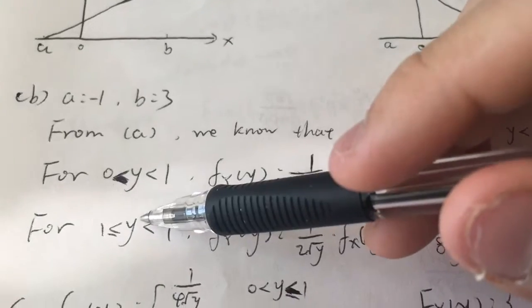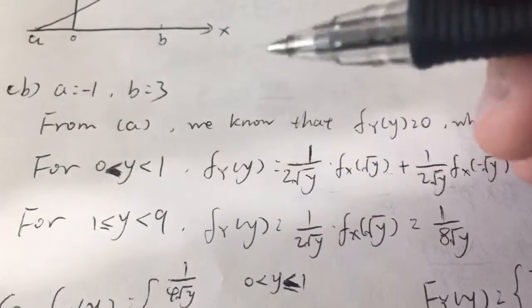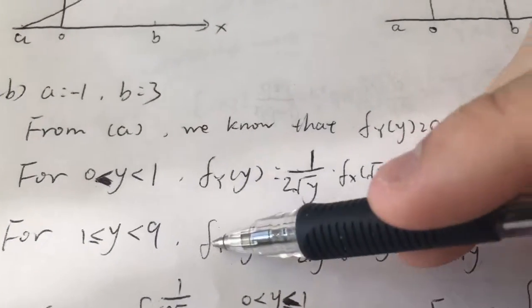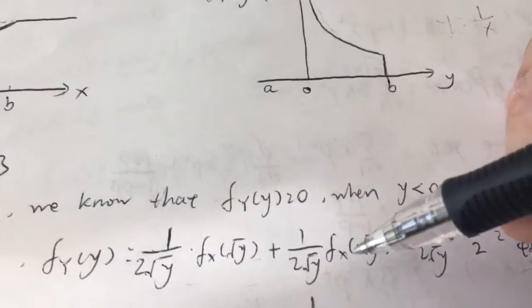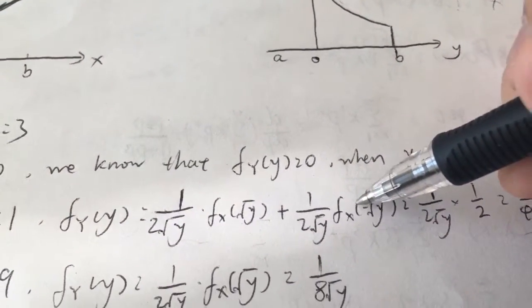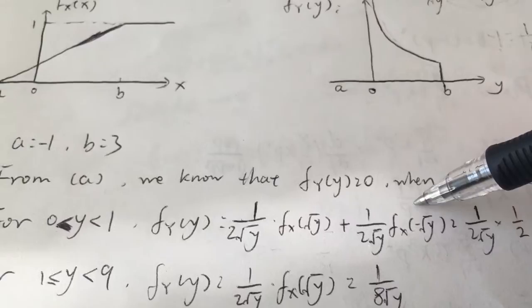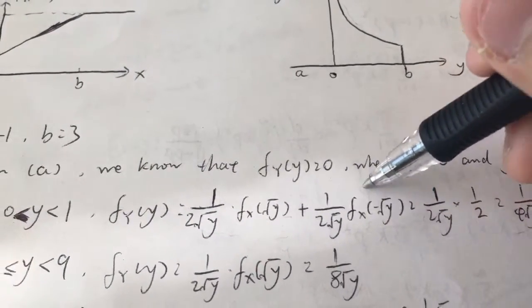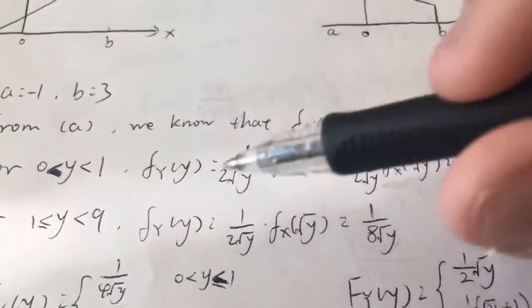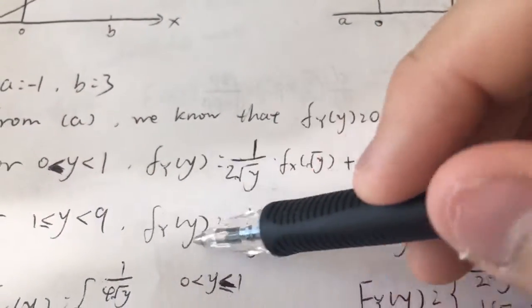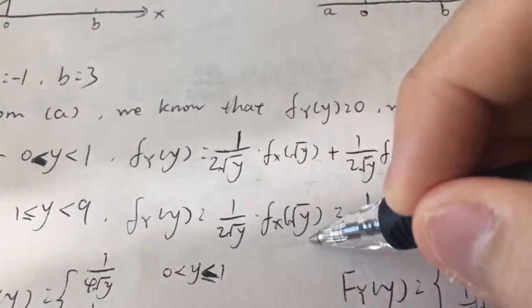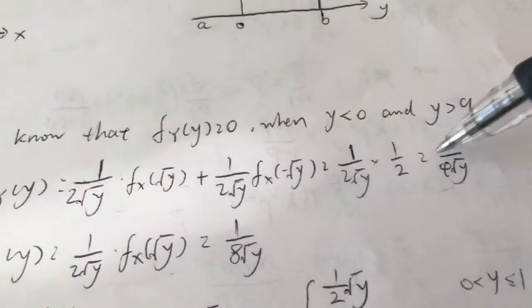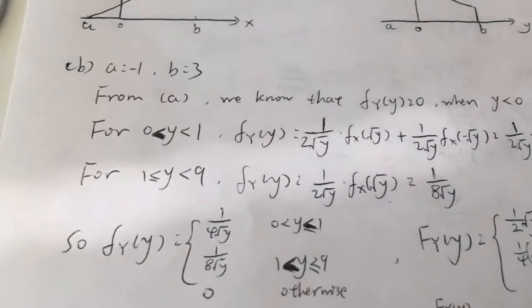Now in the second case, y is no less than 1 and less than 9. In this case, the negative root of y should be less than a, so this density function should be 0. Therefore the result of the density function of y should be this, and this, the half of this. So now we have three cases.